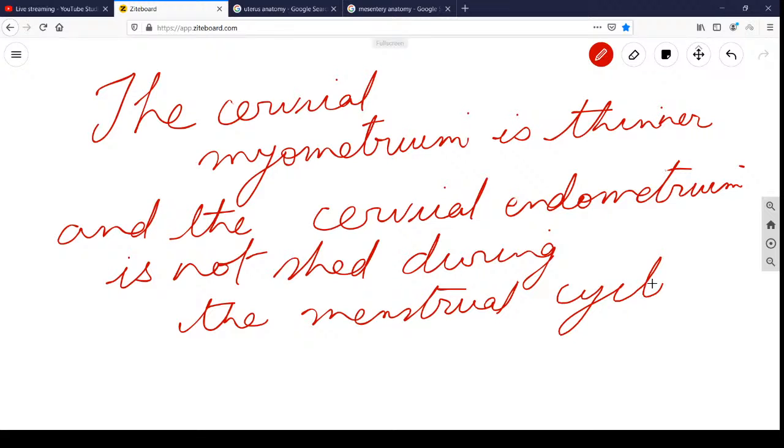You can write it down in underlined words: it is never shed during the menstrual cycle or menstruation.